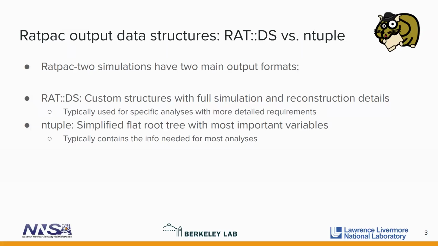And as we've mentioned, this is more complicated to work with, and you really only want to use this for a specific analysis where you can't get by with the ntuple itself. The ntuple is just a simplified, flattened ROOT TTree that has all of the most important variables for your analysis. The goal should be to define your ntuples to contain all of the info that should be needed for pretty much all of your analyses. Most of the time you should be using the ntuple.